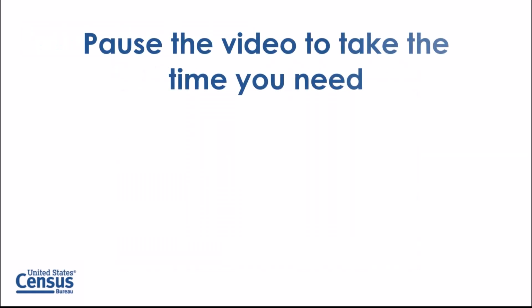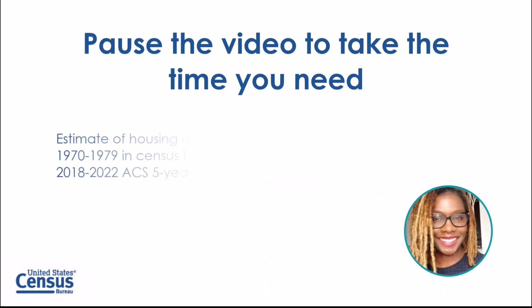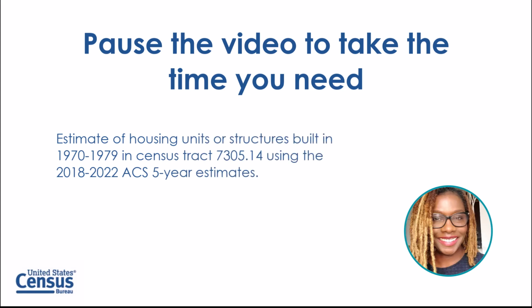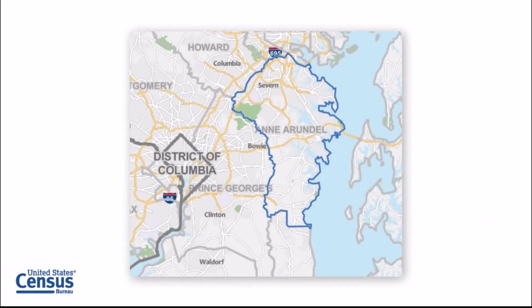Pause this video to take the time you need to use Data.census.gov to determine the estimate of housing units or structures built in 1970 through 1979 in Census Tract 7305.14 using the 2018 to 2022 ACS 5-year estimates. Note that this census tract is in Anne Arundel County, which you will need to know to conduct your search in Data.census.gov.